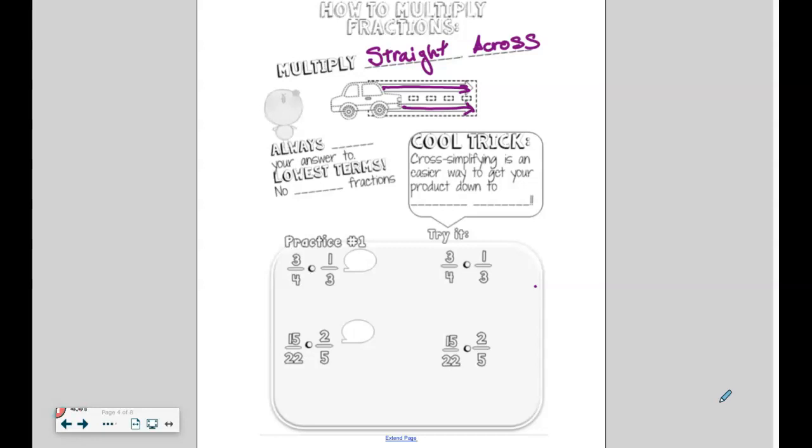You always reduce or simplify your answer to lowest terms. No improper fractions. A good trick is you can use cross simplifying to get your product down to lowest terms.